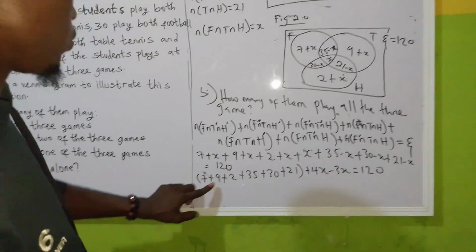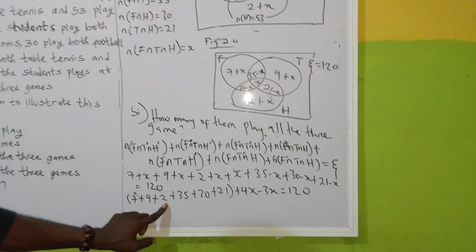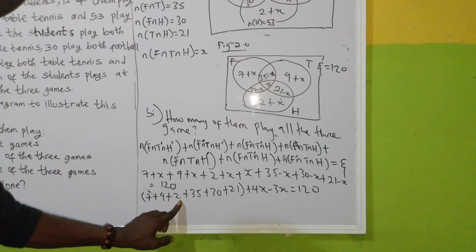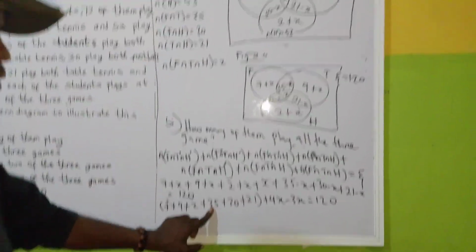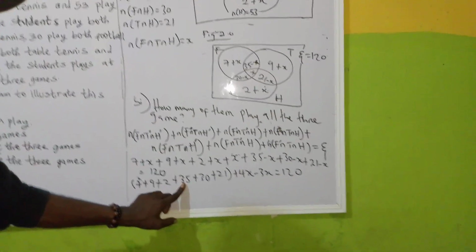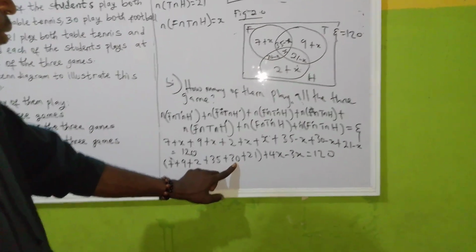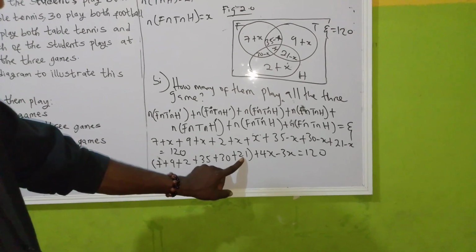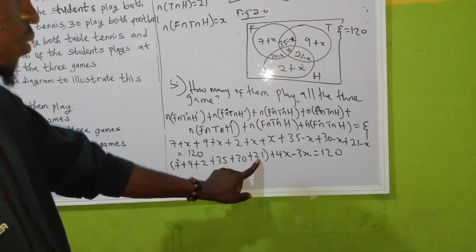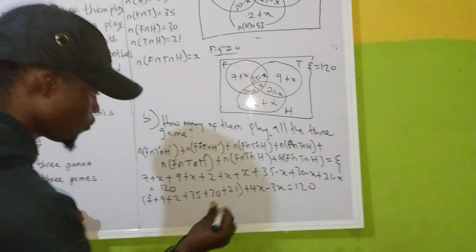Now 7 plus 9 is 16. 18 plus this one is 53, right? 53 plus 30 is 83, plus 21 is 104.